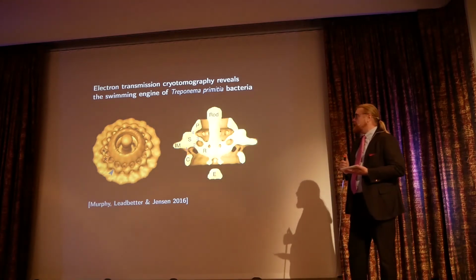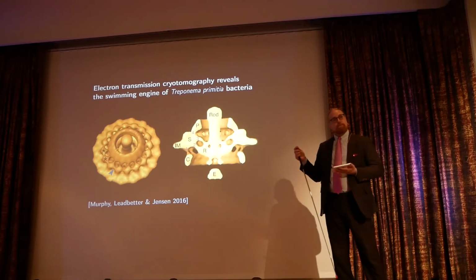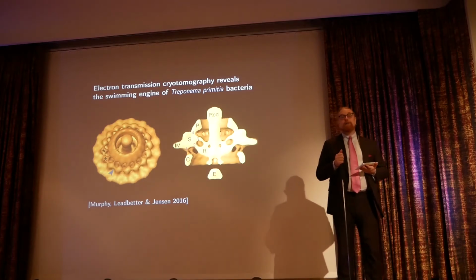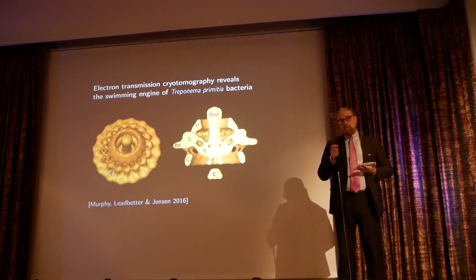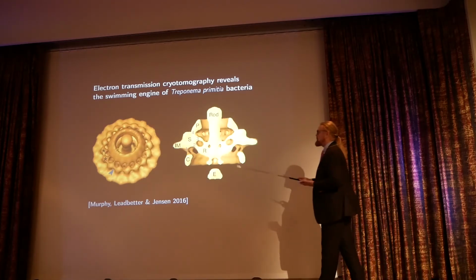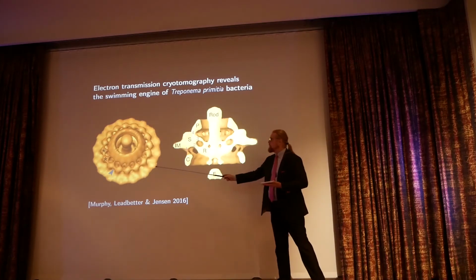In this wonderful study, the researchers used first cryo-freezing of these little bacteria and then electron microscopy. From different directions, they used electron beams to probe a bacterium, and they could recover the structure of the swimming engine of the bacterium. It looks like this.